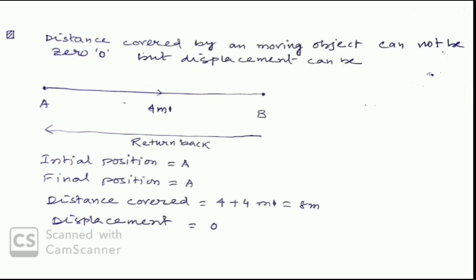So let us assume a man has travelled 4 meter to the east from the point A, and he has reached the point B, and after that he has turned back and reached the point A again.